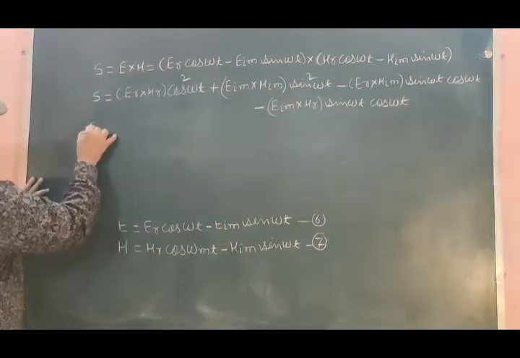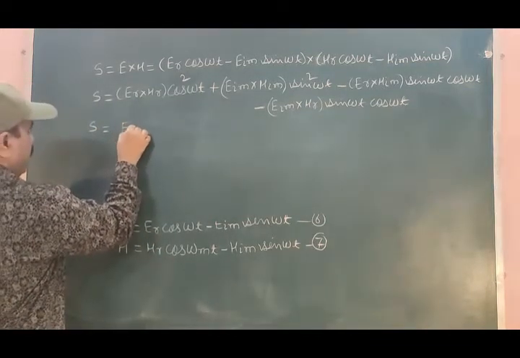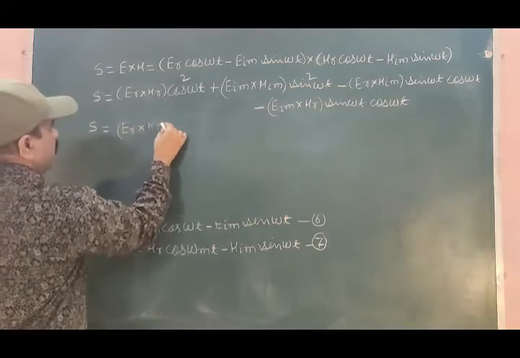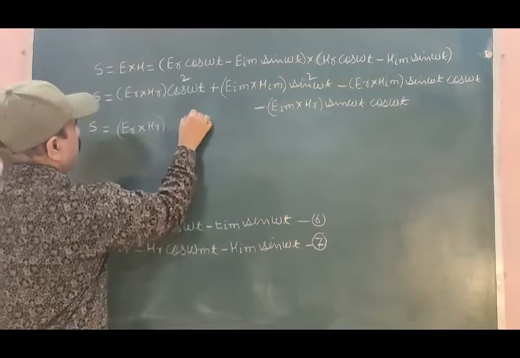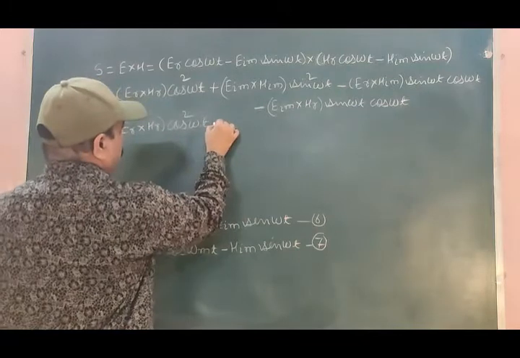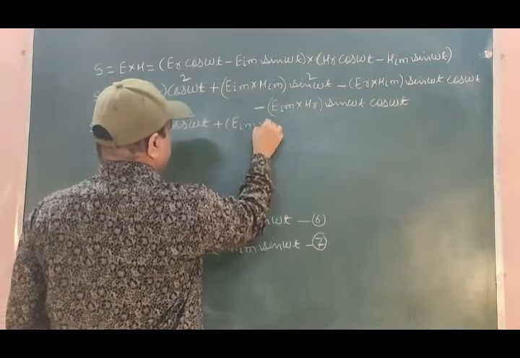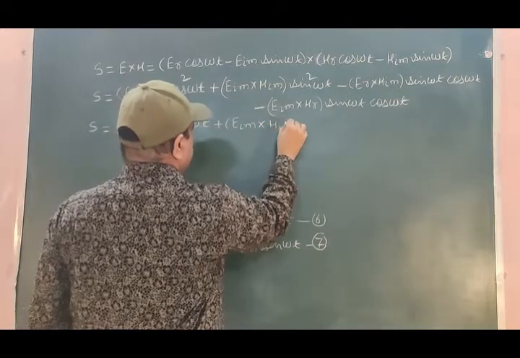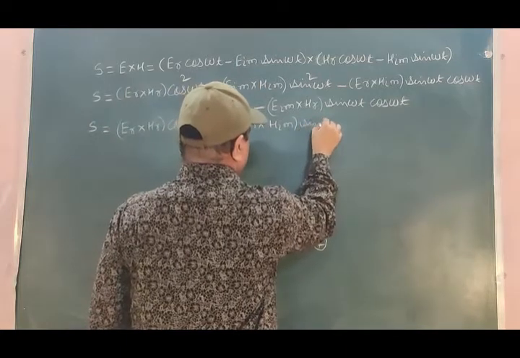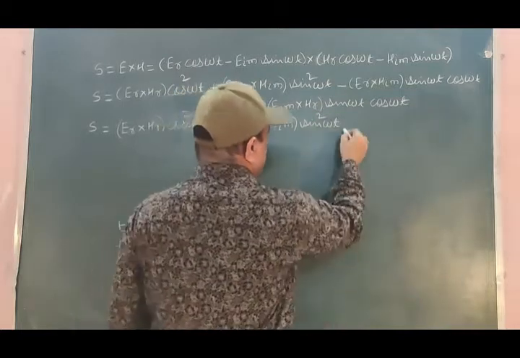Or this Poynting vector further is ER cross HR cos square omega t plus EIM cross HIM into sin square omega t.